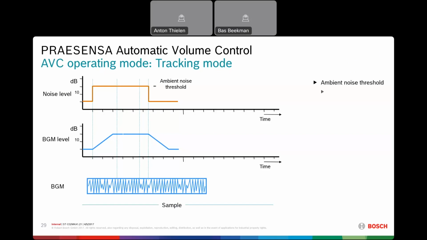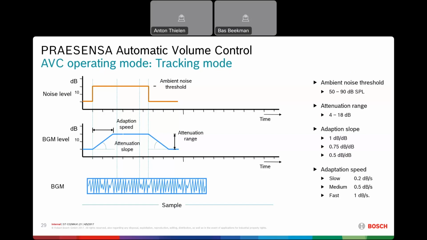So you have this threshold again from the location from where on the attenuation starts. You can set this between 50 and 90 dB again. And you have the attenuation range, how many dB of the level can be reduced in that case of the music.